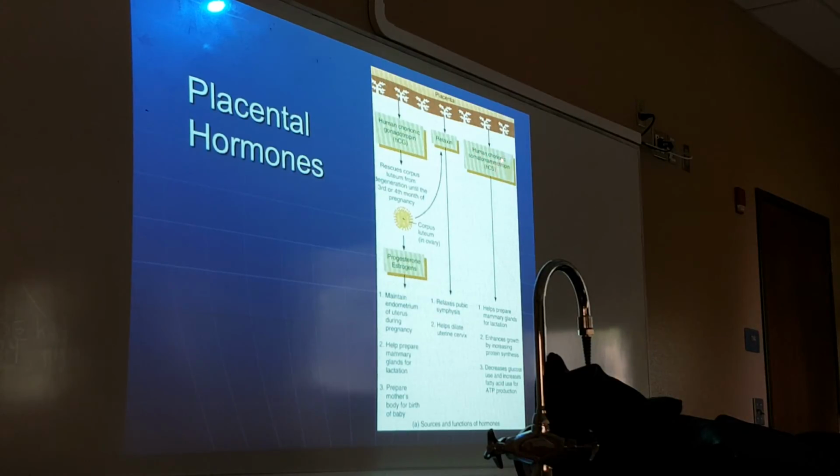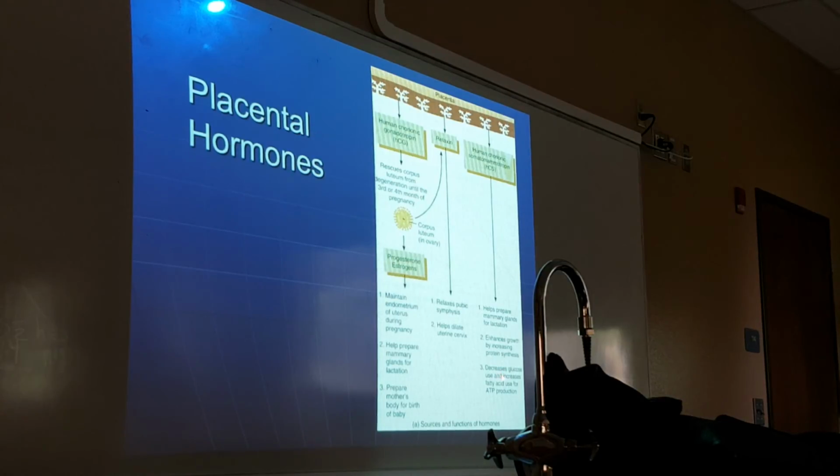Then we have human chorionic somatomammotropin, which I just love saying. It helps prepare the mammary glands for lactation. It increases protein synthesis, which of course is required for a growing fetus. And it also exerts a glucose sparing effect on the mom with the idea in mind of saving the glucose for the fetus.